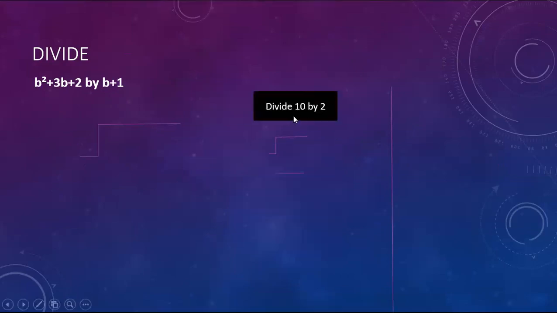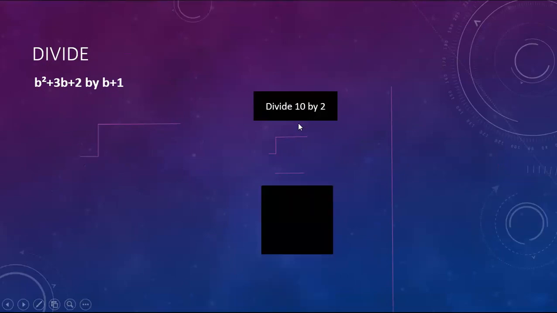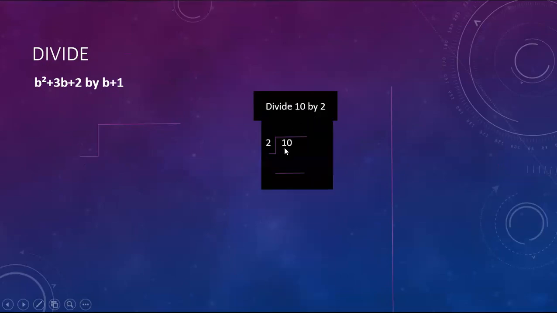For example, students, if you have to divide 10 by 2, how can you solve this question? You have to write the dividend here and the divisor here. In the same way, look at this. You have to copy the dividend here and the divisor here. Now you have to read the table of 2. 2 is multiplied with what to get 10?